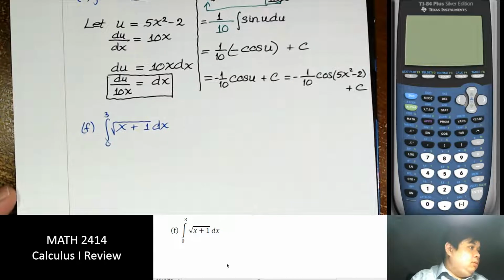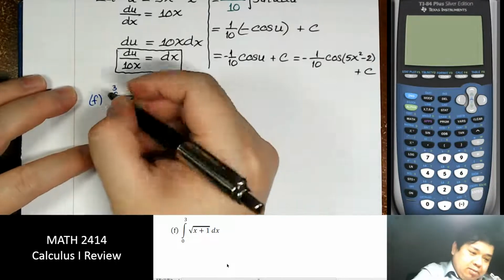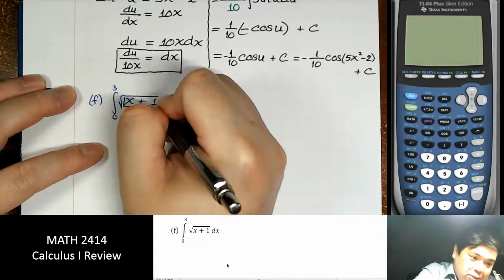Right. Pretty much the same thing. Square root of x, we can do it, but it is square root of x plus 1. Cannot really do it, but we can use substitution.